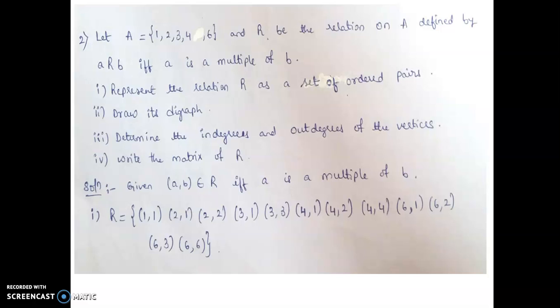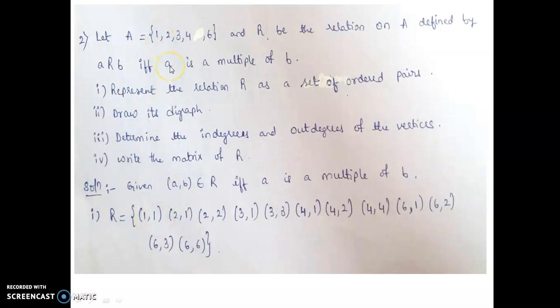We'll see the multiples of the relation on set A, that is {1, 2, 3, 4, 6}. Which are all the multiples of 1, 2, 4, 6? For 1, there is only 1 as the multiple.